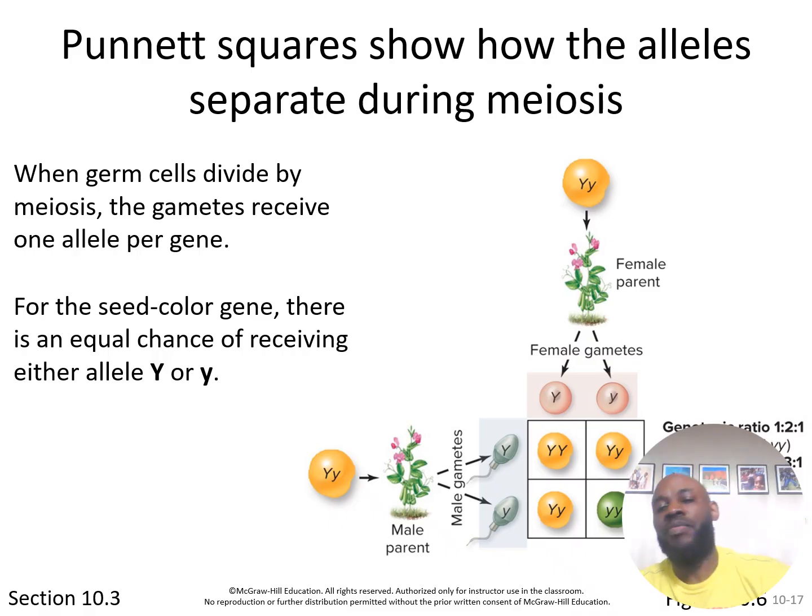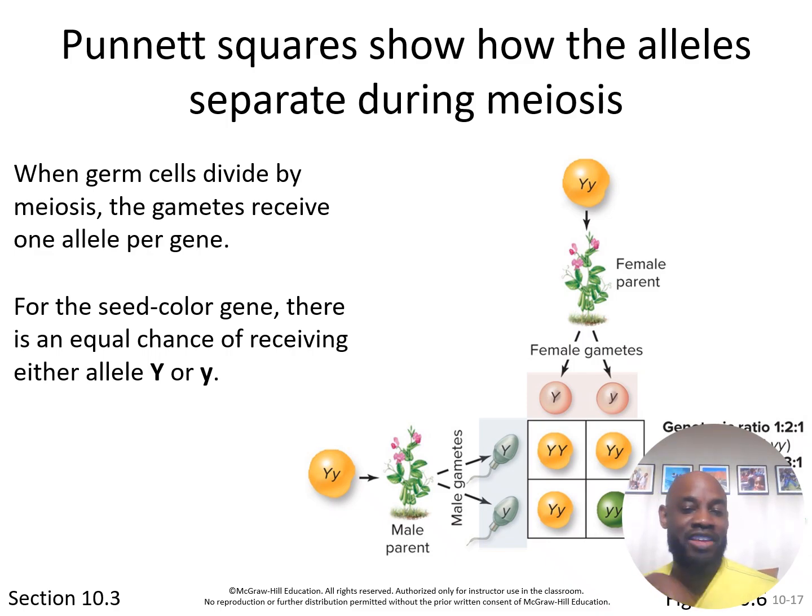When cells divide by meiosis, which is how we form sex cells, each sex cell, in human beings each sperm and each egg, each gamete, would receive one allele.